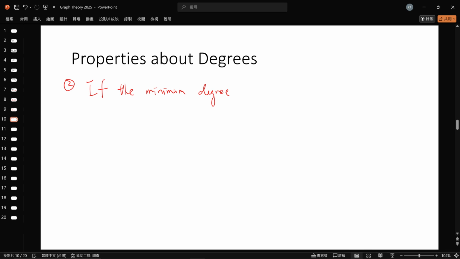The statement is that if the minimum degree is at least n minus 1, where n is the number of nodes, then the graph is connected. Is this statement correct?